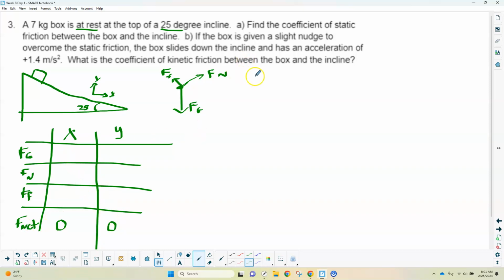So for gravity, that's the tricky one. You got to get the gravity in the X and the Y. So gravity X, gravity Y. Because we tilted our axes, gravity in the X and gravity in the Y, use trig functions because they're at an angle. And it would be mg for the force of gravity, and then for the X, it's the sine of theta. So this is one of the differences in these types of problems.